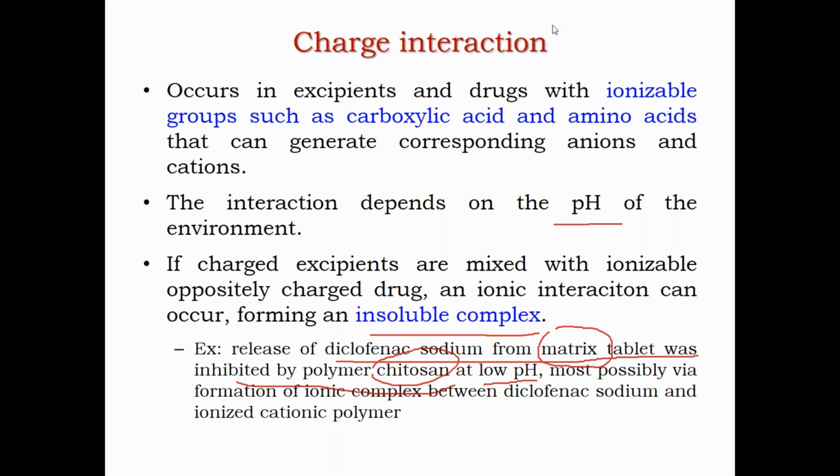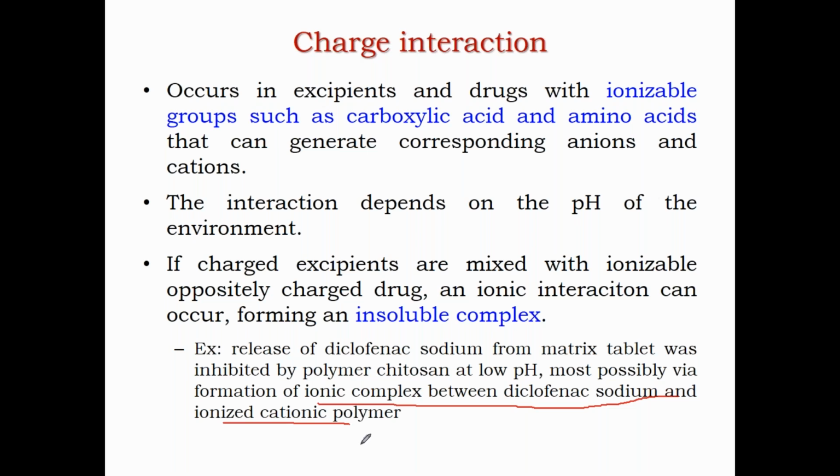A complex formed between the chitosan and the diclofenac sodium, and that ionic complex, formed between the diclofenac sodium and the ionized cationic polymer, retarded the release. I mean the release of the diclofenac sodium was disturbed or inhibited.